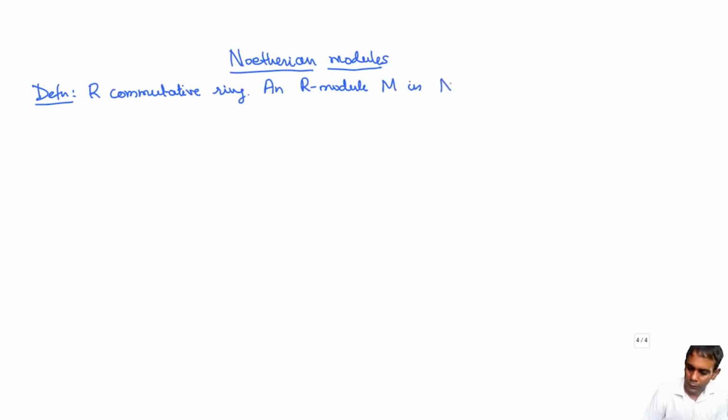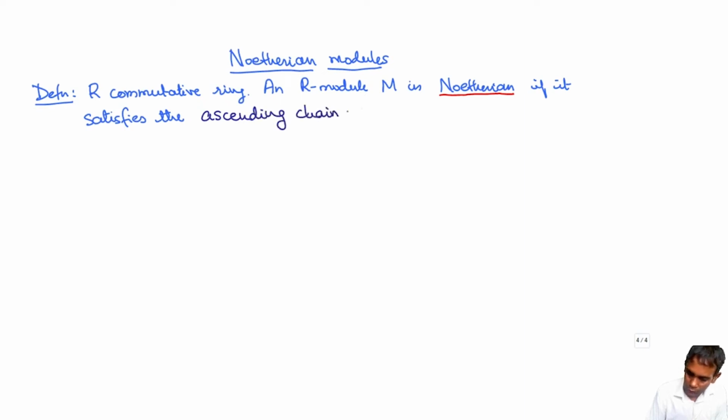It's said to be Noetherian if it satisfies what is called the ascending chain condition. What is this condition?